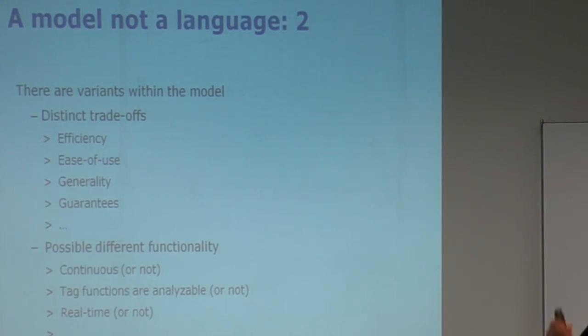In fact, some of the implementations that we've had, starting back when this started at HP, have had quite different trade-offs between efficiency, ease of use, generality, and the kind of guarantees that we can make, and probably a few other things. So making a different set of trade-offs would probably be a different language, but the same model. So these are the 3 variants that I talked about before.